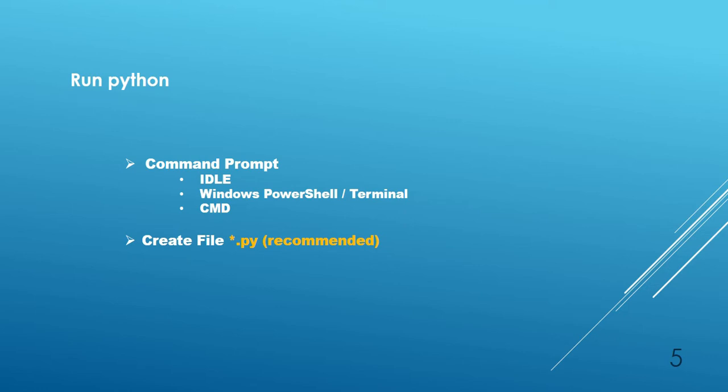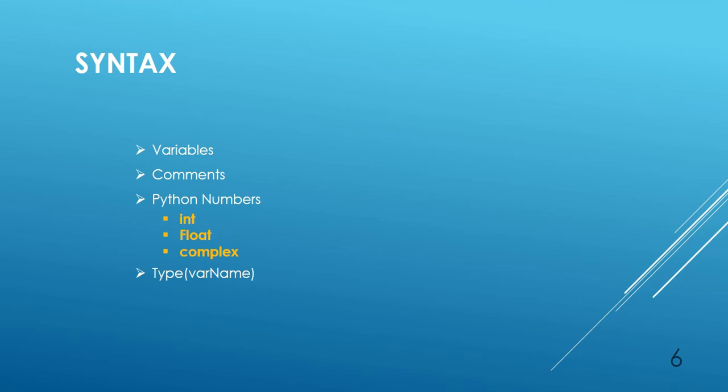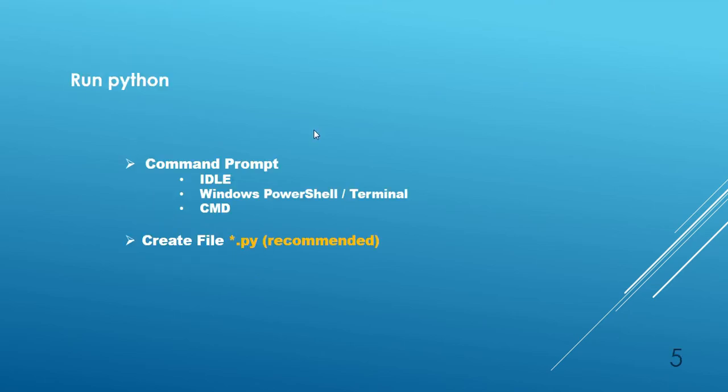First, it is command prompt. In Python we can run our code and see the results in command prompt. Command prompt can be like IDLE, which is installed during installation of Python, or Windows PowerShell, or terminal, like in Linux or Mac you have terminal, but in Windows it is PowerShell or CMD.